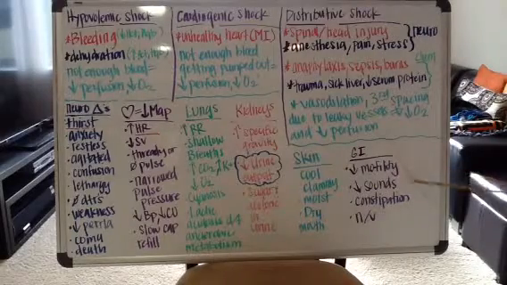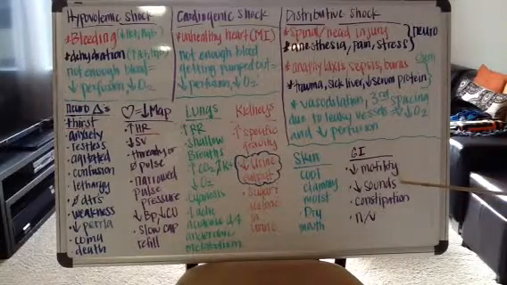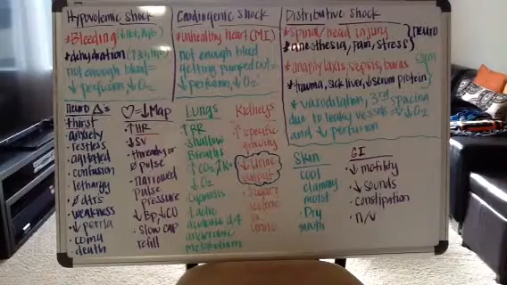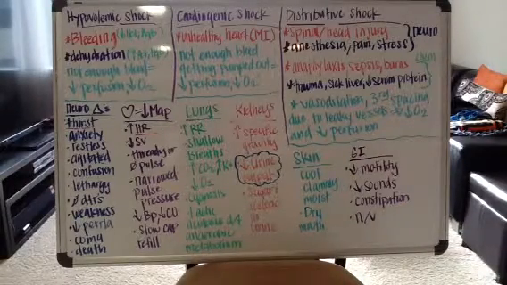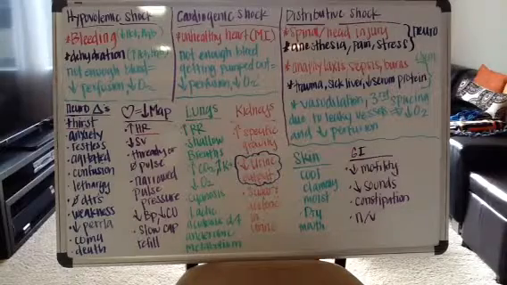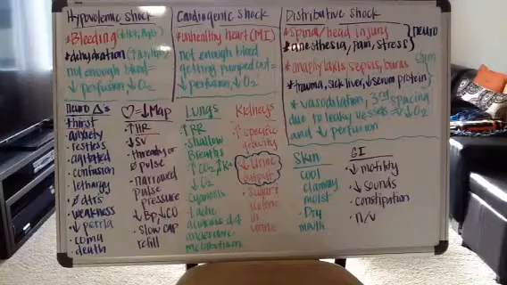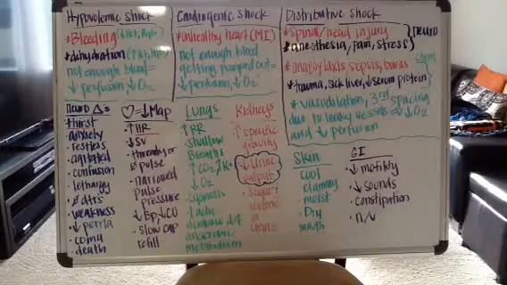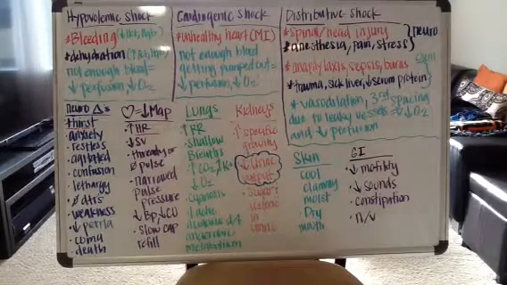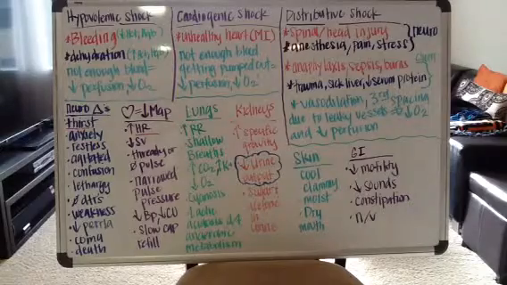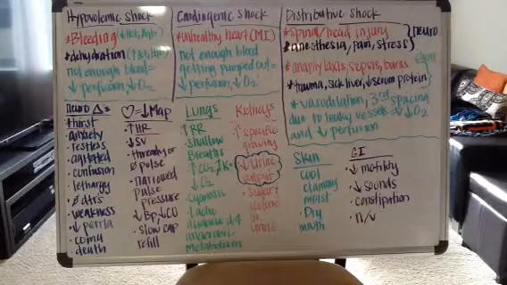What does that mean? It means you're going to have constipation, decreased bowel sounds. Okay, everything goes down. So those are the signs and symptoms that you're going to see with both hypovolemic shock, cardiogenic shock, and for the most part also septic shock, which we're going to go into in the next lecture. But there are some differences with septic shock that I will go over.